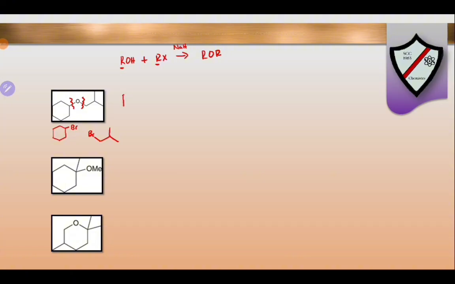So I will propose the Williamson ether synthesis of a cyclohexyl sec-butyl ether to start with a cyclohexanol being deprotonated and treated with this primary alkyl halide, and it should result in the expected ether that we have drawn.